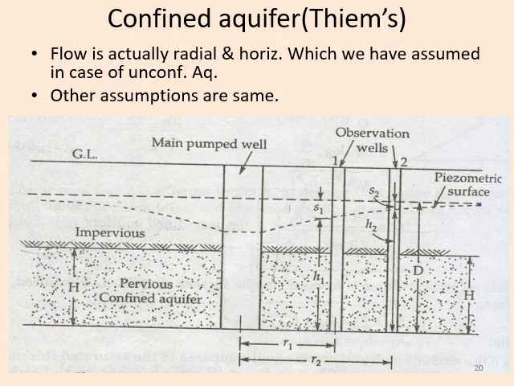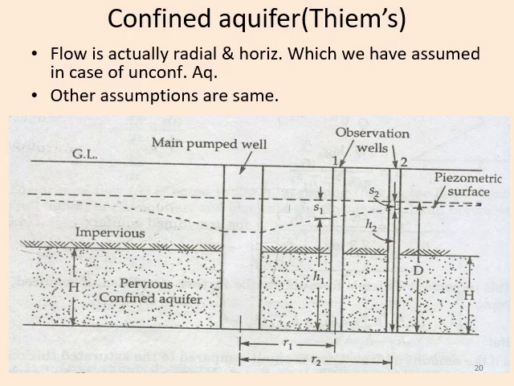We assumed in the unconfined aquifer earlier that the flow of water will occur radially and horizontally, but in the actual case in the unconfined aquifer it will not be like that.